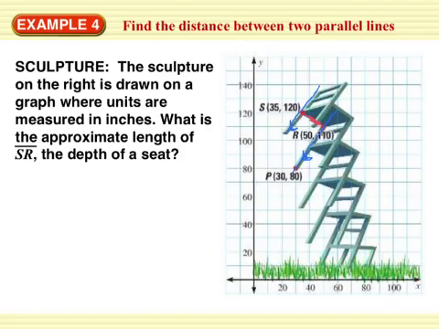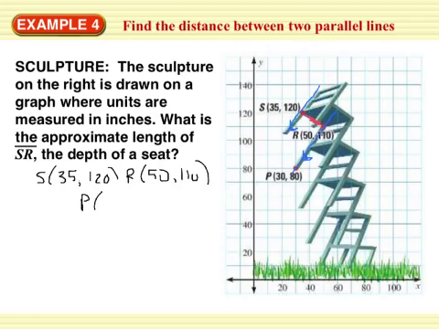So I want to make sure these are perpendicular. So let me write down all these points. I have S is 35 and 120. R is 50 and 110. And P is 30 and 80.